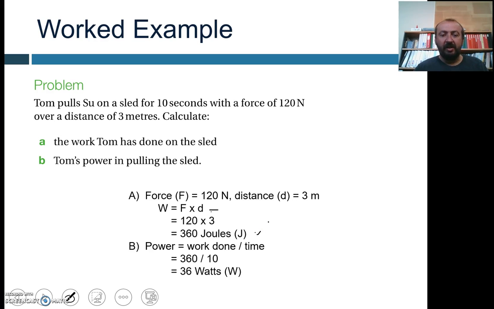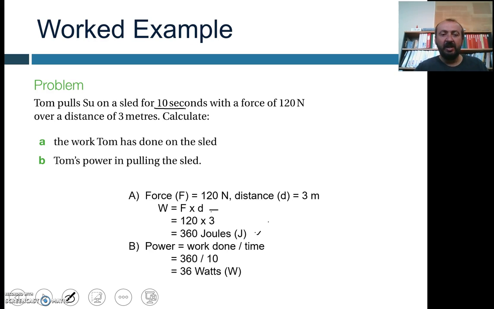The power in pulling the sled, well, we know power equals the work done divided by the time it took to accomplish this task. So the work done was 360 joules, that's just from the first part A, divided by 10 because it took 10 seconds. So power equals work divided by time, 360 divided by 10, that equals 36 watts, or 36 joules per second.